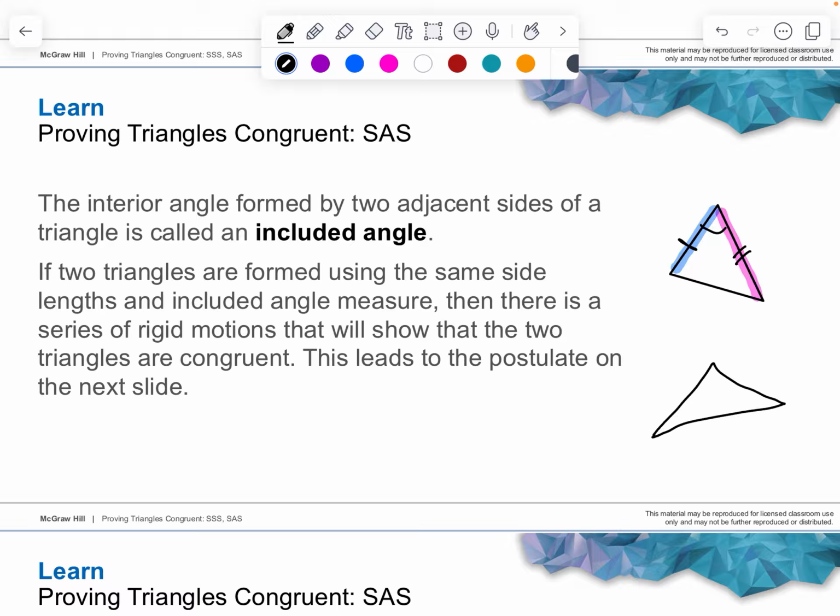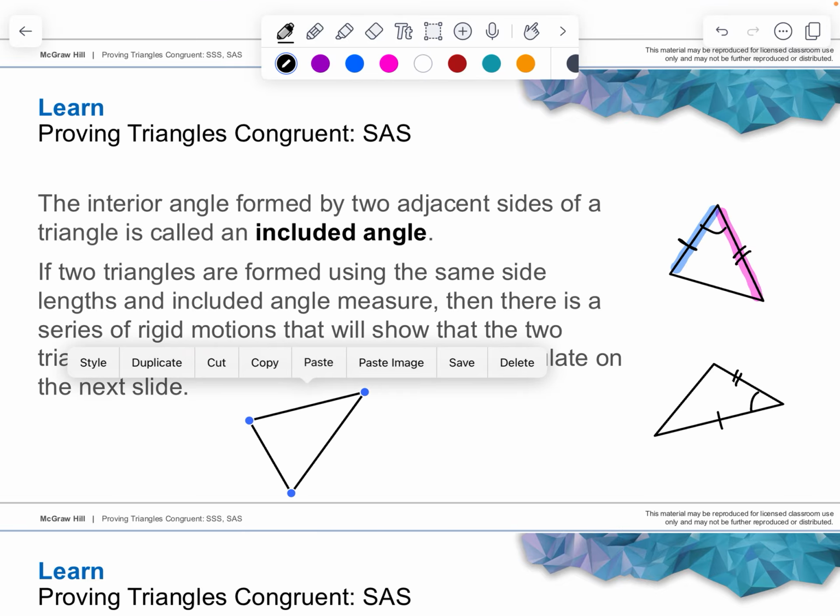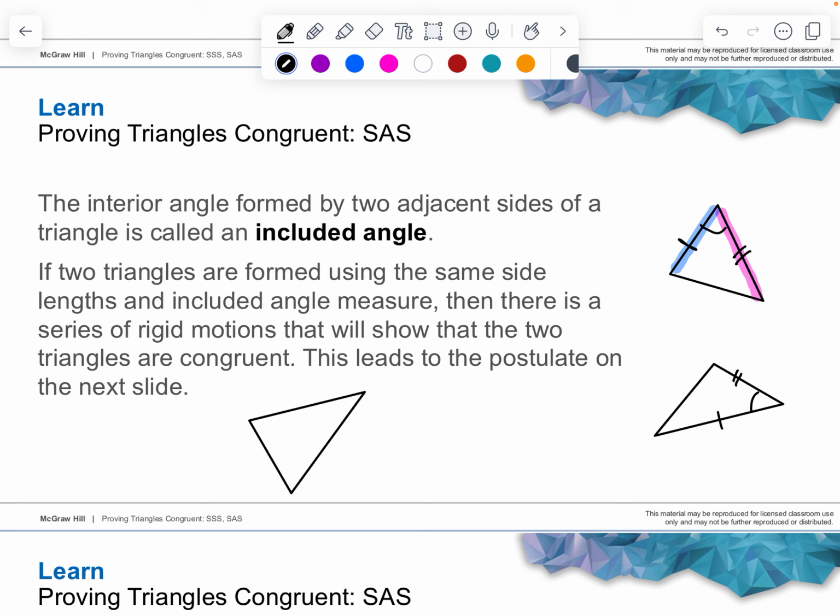So I'm going to draw another one. We might be talking about this angle down here, and this one and that one, okay? We would not be talking about this. This is not side angle side.